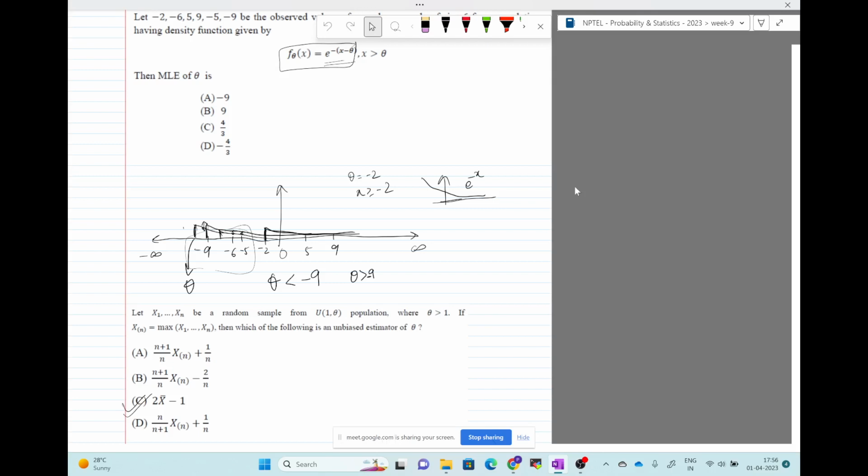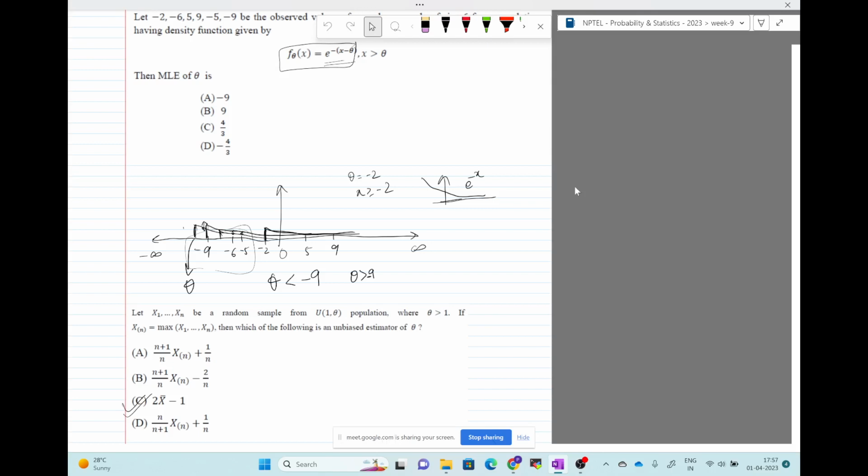SSE, the error sum of squares, divided by n minus 2 is an unbiased estimator for sigma square.